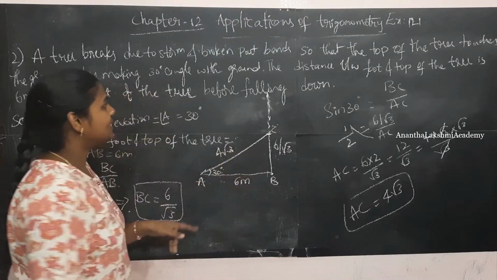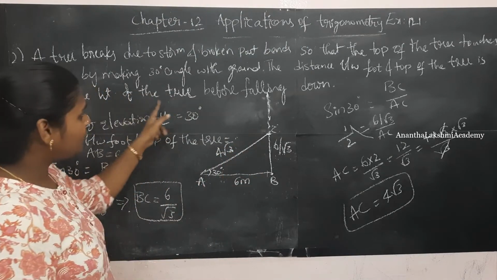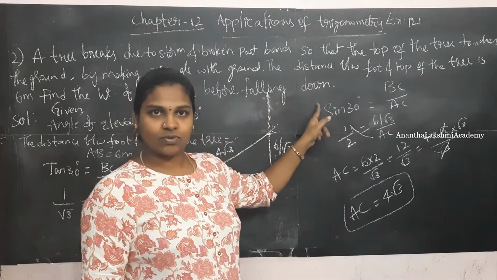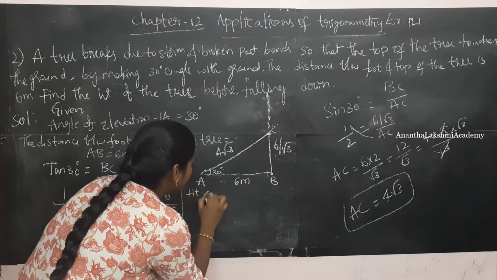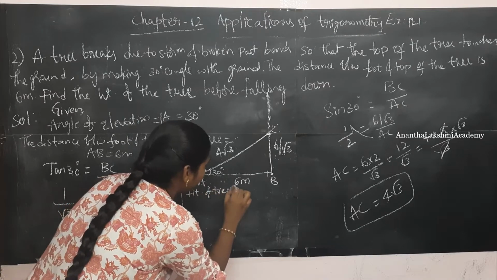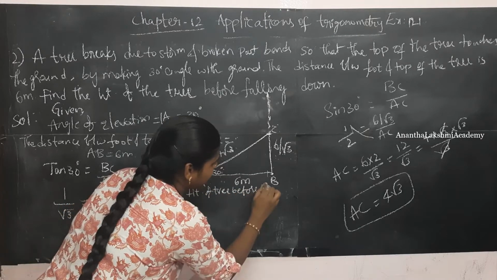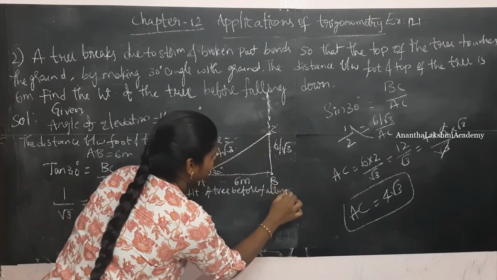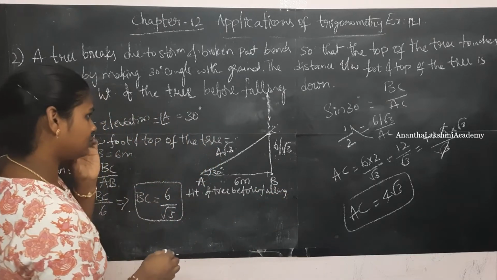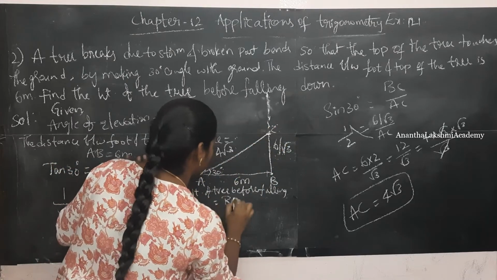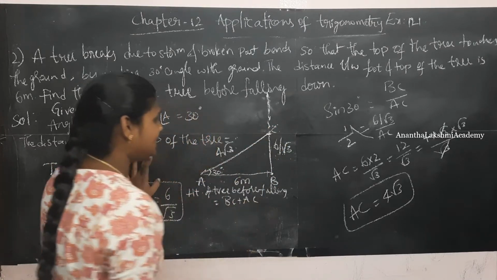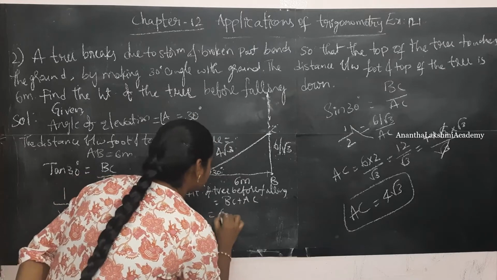What did they ask us? Find the height of the tree before falling down. The height of the tree before falling is nothing but BC plus AC. What is BC? 6 by root 3.